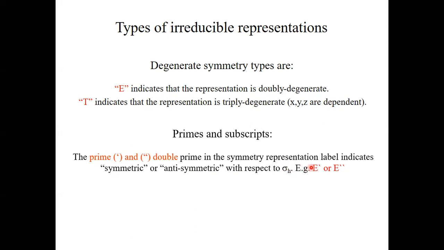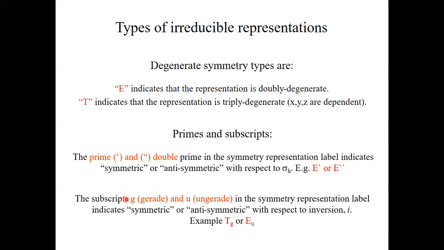So for instance, we could have an E prime or an E double prime. If the algebraic sign doesn't change when we reflect at sigma h, we would have 1 prime, and if the algebraic sign changes, then that would mean that we'd have 2 primes. You do not need to memorize that, actually. Don't expect this, but you should have an understanding of where these primes are coming from.